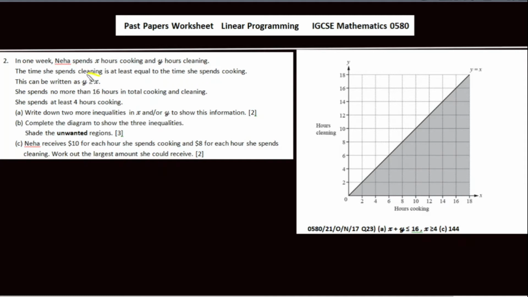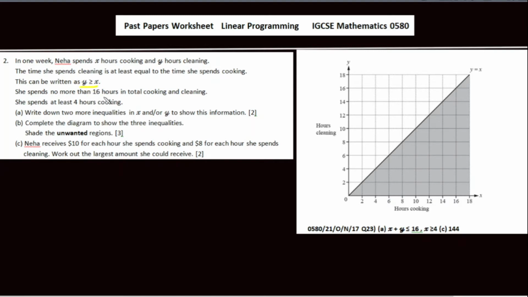This can be written as y is greater than or equal to x. Makes sense because the time she spends cleaning is y, is at least equal to, which means it's either equal to or bigger than the time she spends cooking, which is x. So that's how it's written in the inequality form.